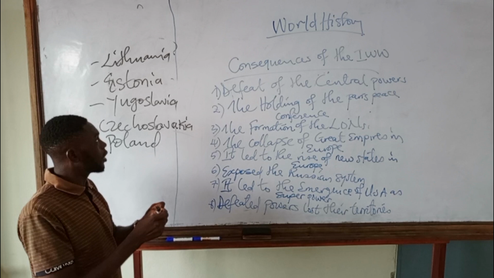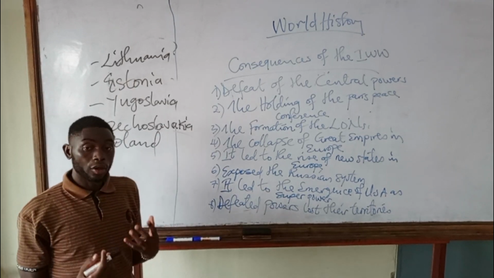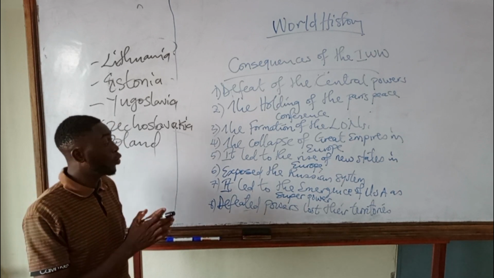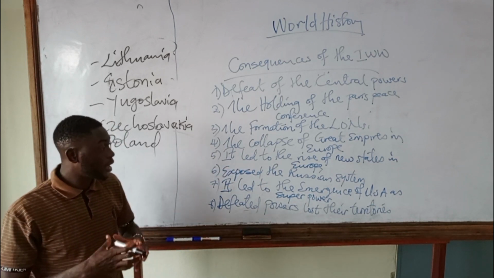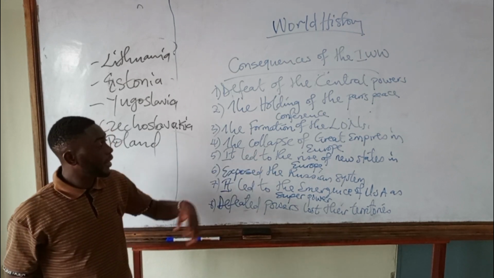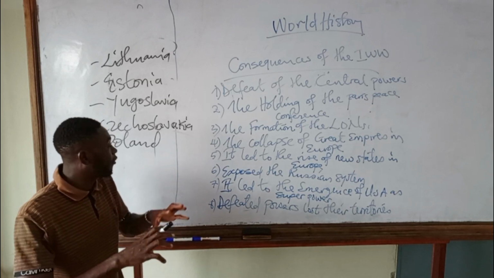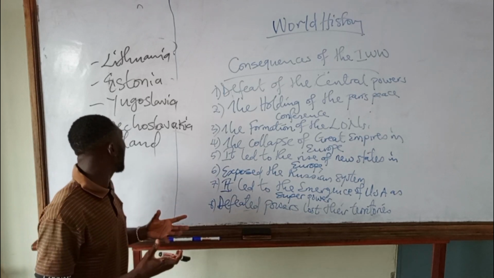These were some of the countries that emerged in Eastern Europe at the end of the First World War as new territories. These countries came up because the great empires collapsed and the territories were formed out of these empires.